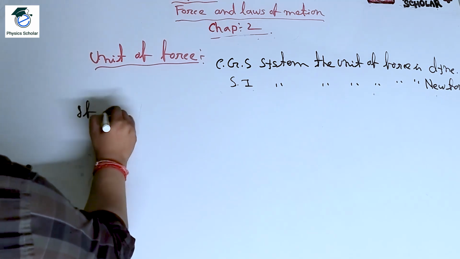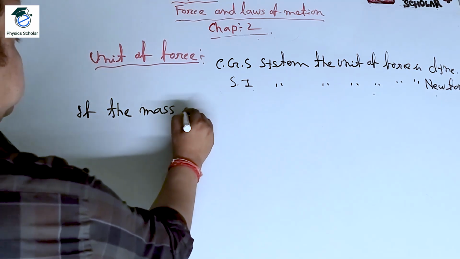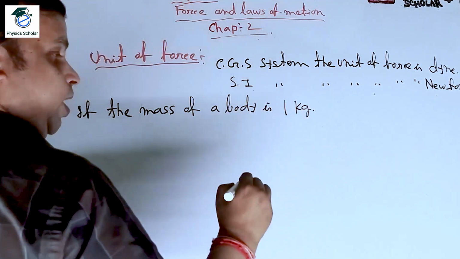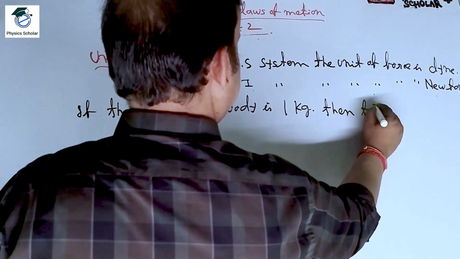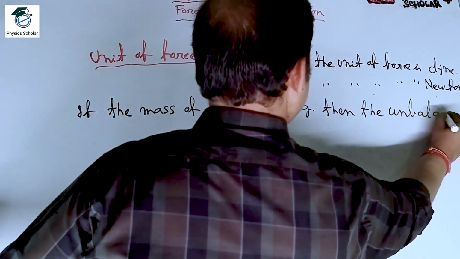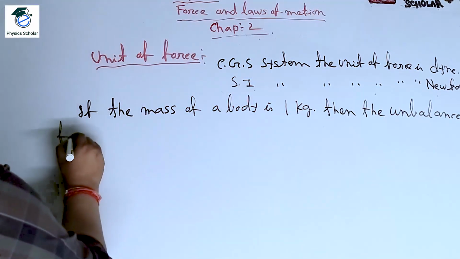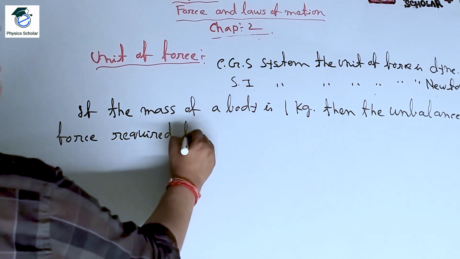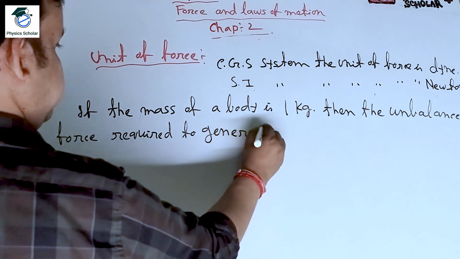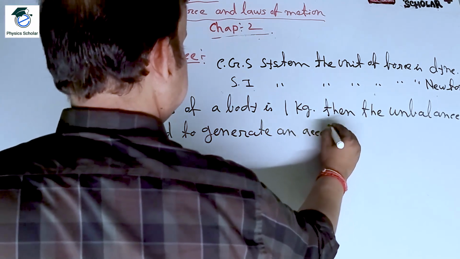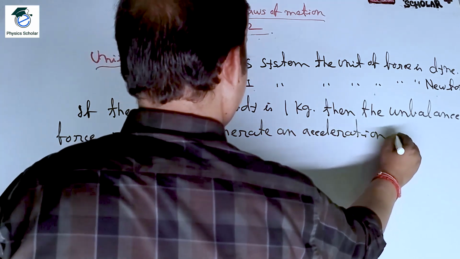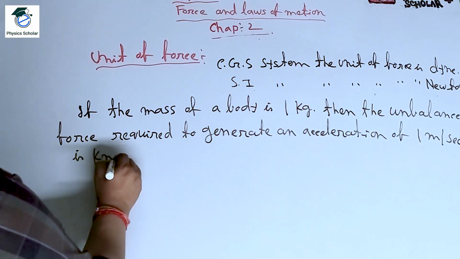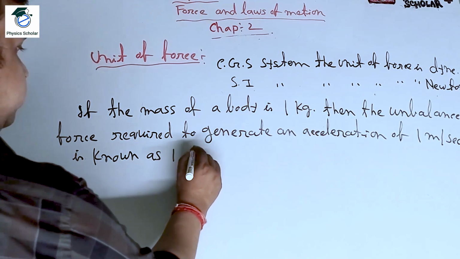If the mass of a body is 1 kilogram, then the unbalanced force required to generate an acceleration of 1 meter per second square is known as 1 Newton.